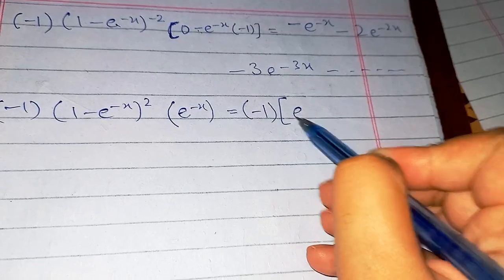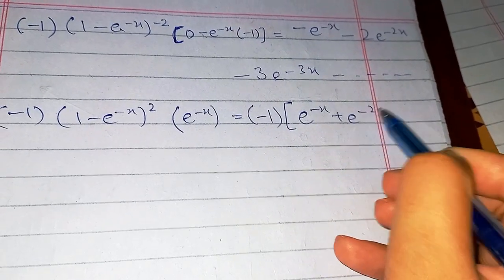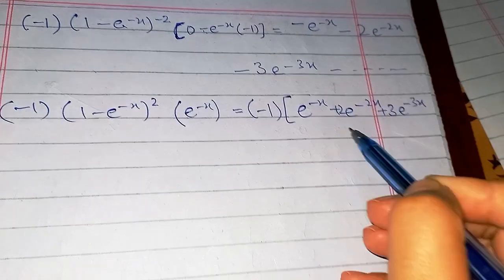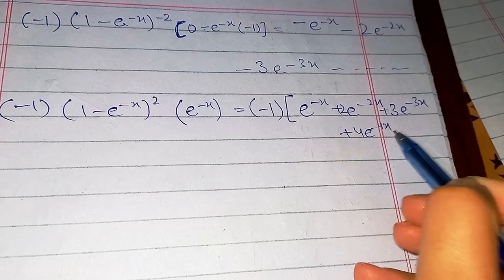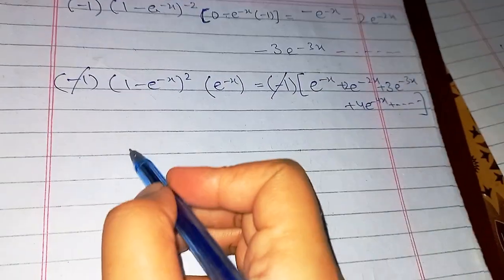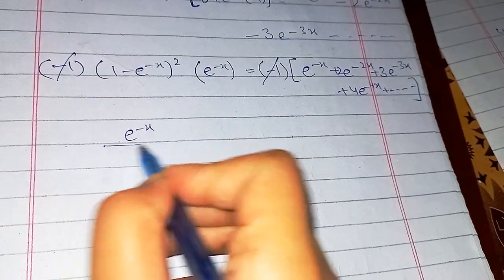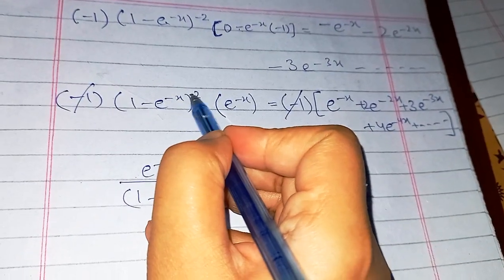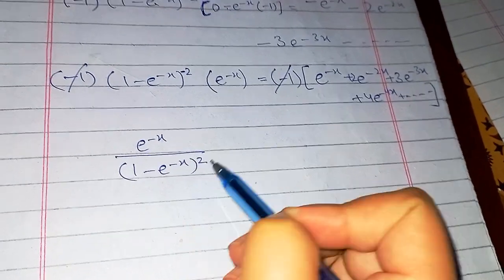So we have the positive series now: e to the power minus x plus 2 e to the power minus 2x plus 3 e to the power minus 3x plus 4 e to the power minus 4x and so on. These two cancel out and we have e to the power minus x divided by 1 minus e to the power minus x, whole squared. It's negative power here, sorry, positive power.